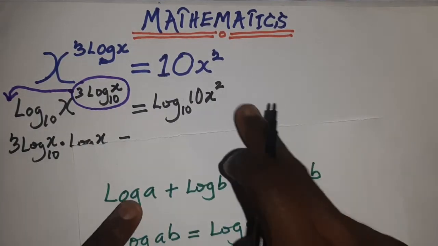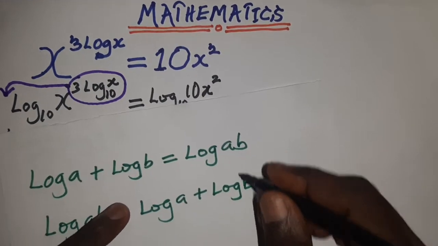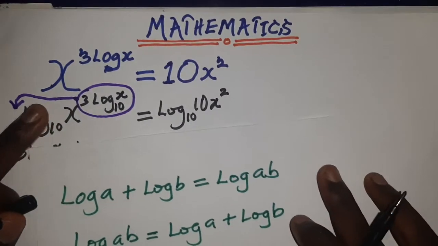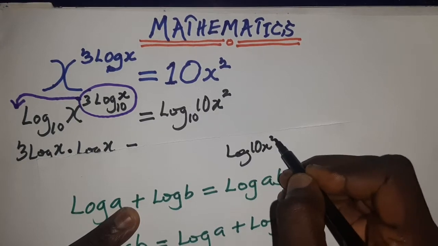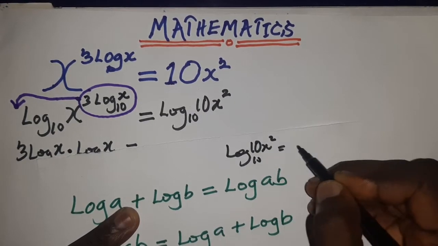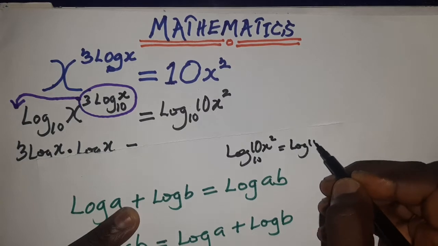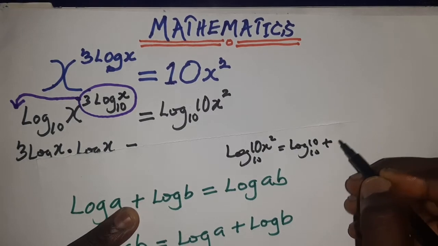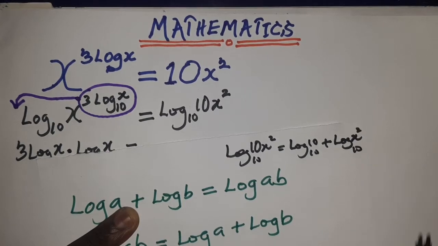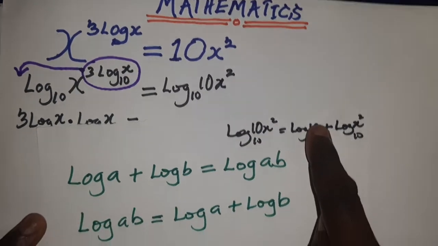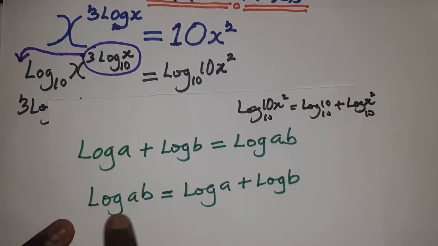So this log 10x squared to base 10 will now become log 10 base 10 plus log x squared base 10. So I just followed exactly what we have here, this format.